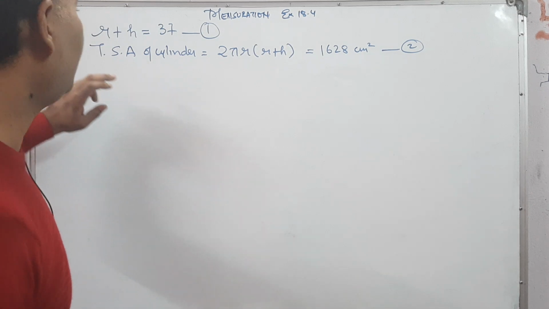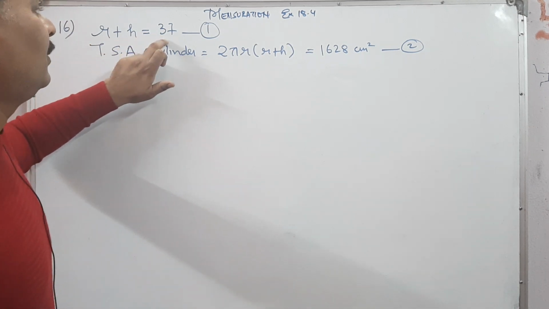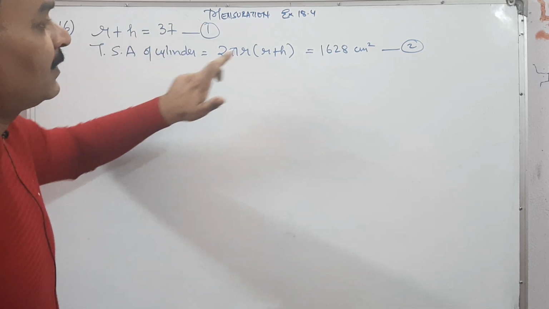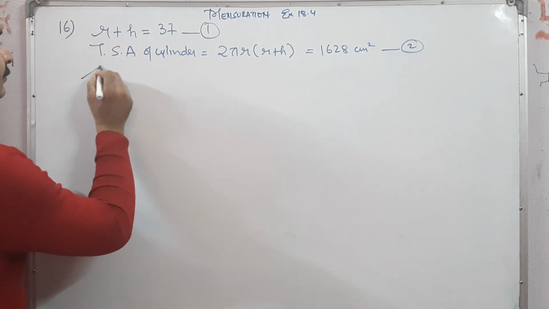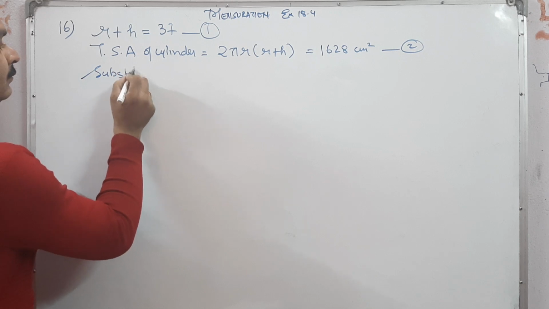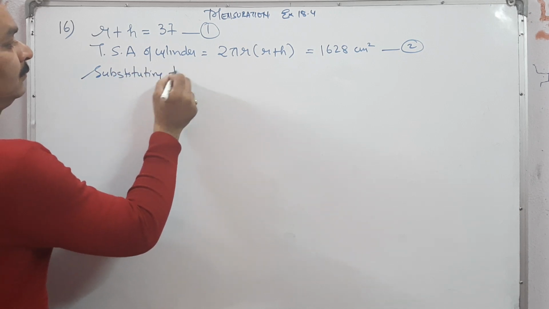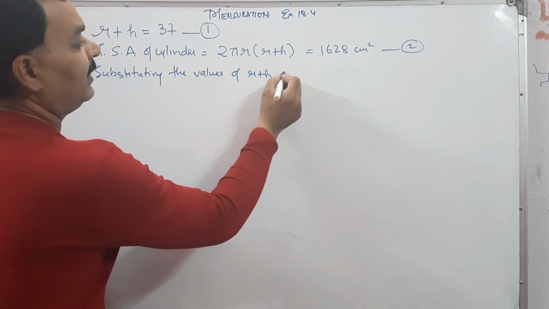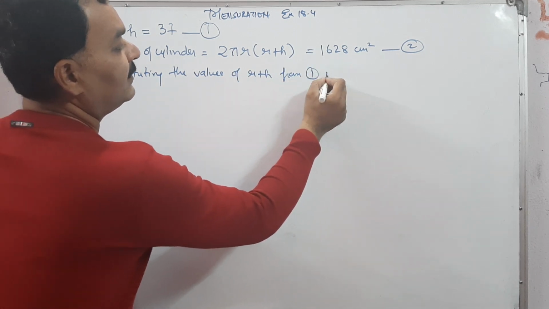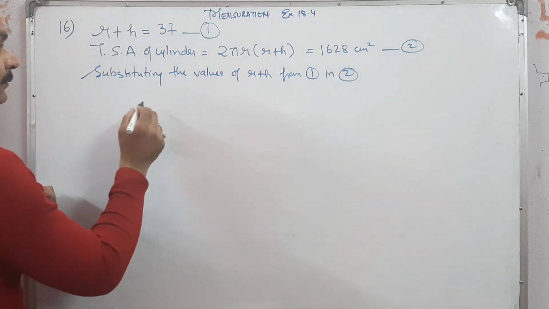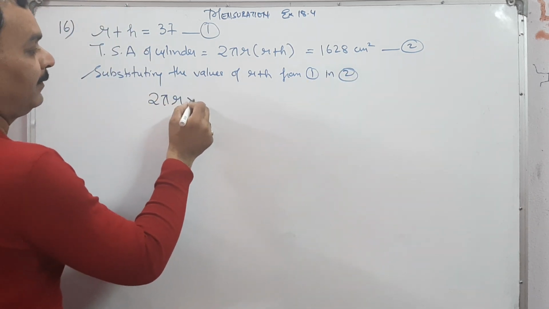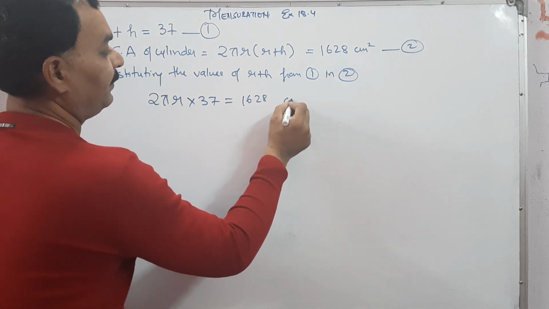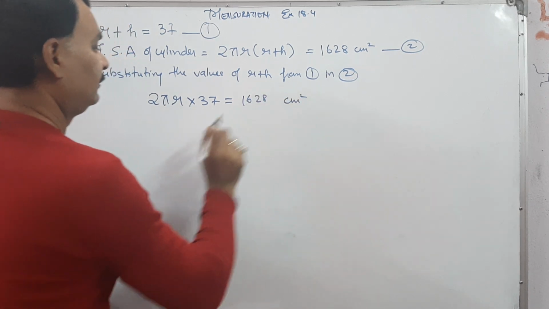Now students, please see that we have r plus h is equal to 37. So substituting the value of r plus h from the first in the second, this will be 2 pi r into 37 is equal to 1628 centimeter square.